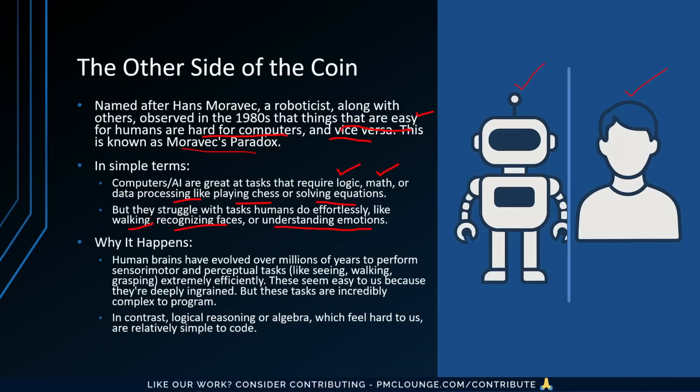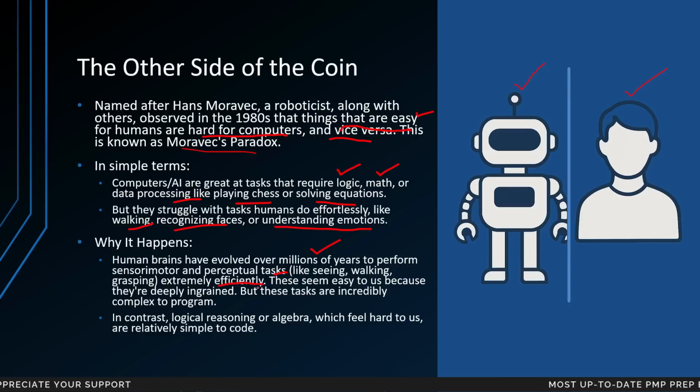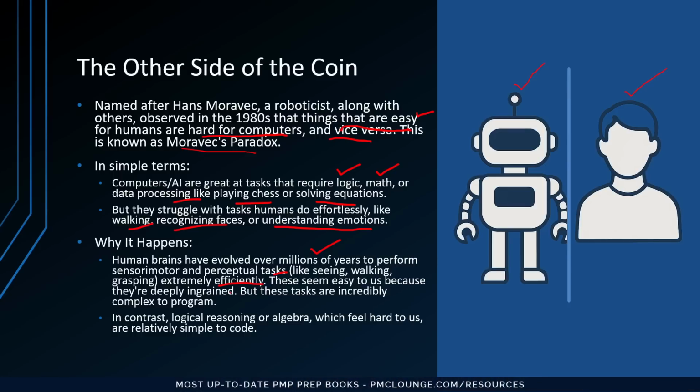And this happens because, as I mentioned, human brains have evolved over millions of years to perform these sensory, motor, and perceptual tasks. This is like seeing, walking, grasping, and we have been able to do these extremely efficiently. And these seem very easy to us because they are deeply ingrained, but these tasks are incredibly complex to program.